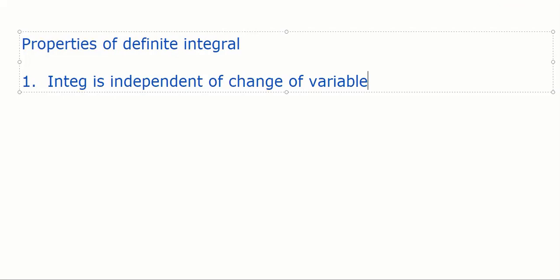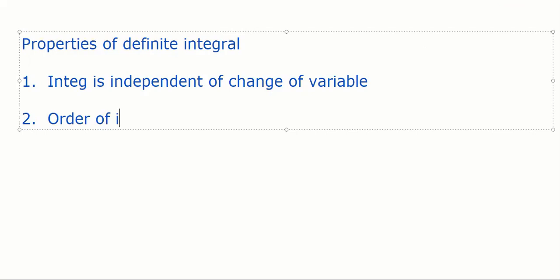Property 2: order of integration can be interchanged, just with a negative sign. We change the limit, right?